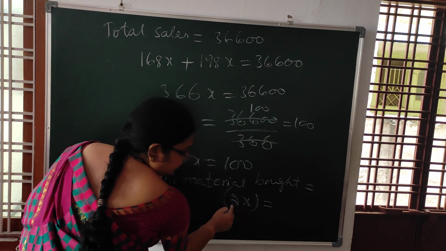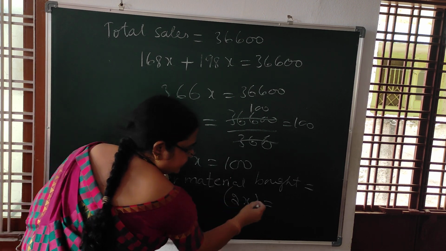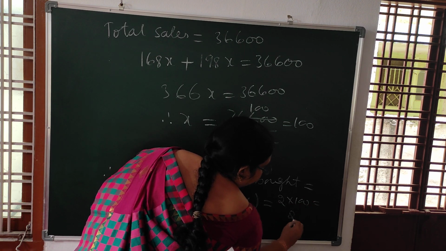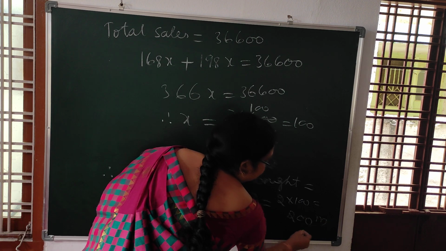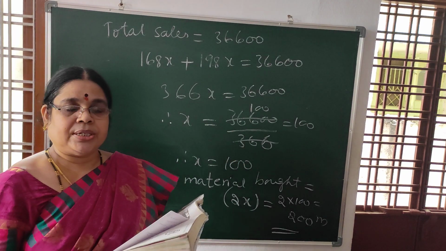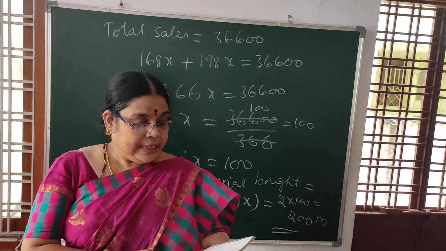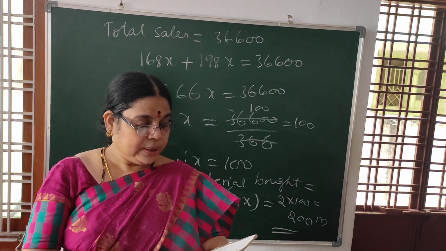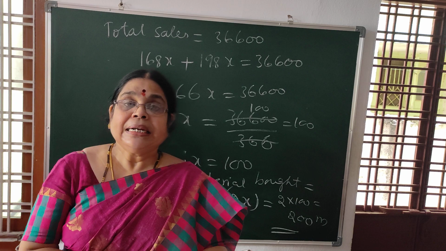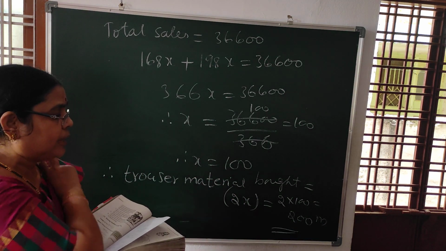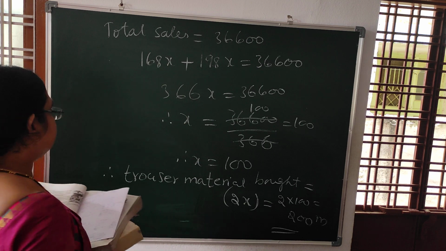That means 2 into x. X we got as 100. 2 into 100 becomes 200. So how many meters of trouser material did he buy? 200 meters. In the question you are asked to find only how much trouser material he bought. So he bought 200 meters of trouser material.